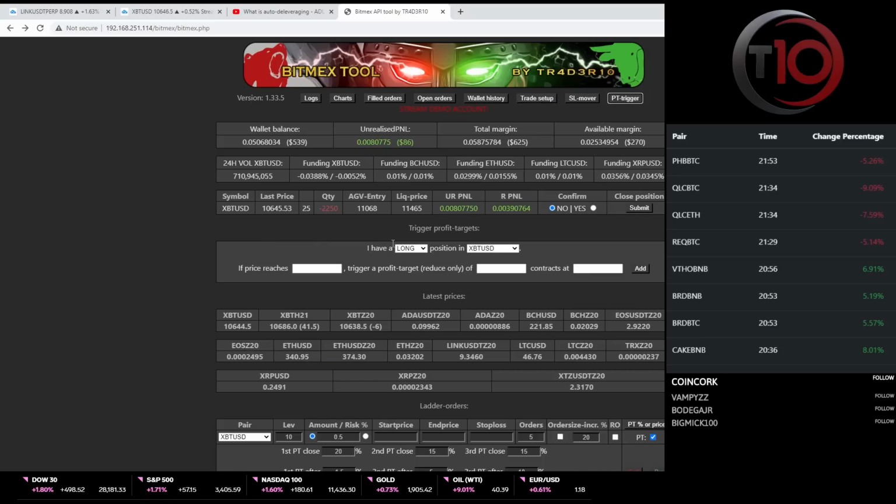It's profit target trigger, so it's helping you to create stop limit orders to trigger profit targets. So if you are in an existing position, you cannot use my tool to enter.